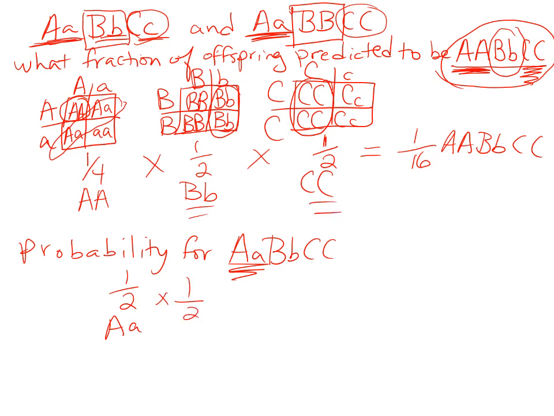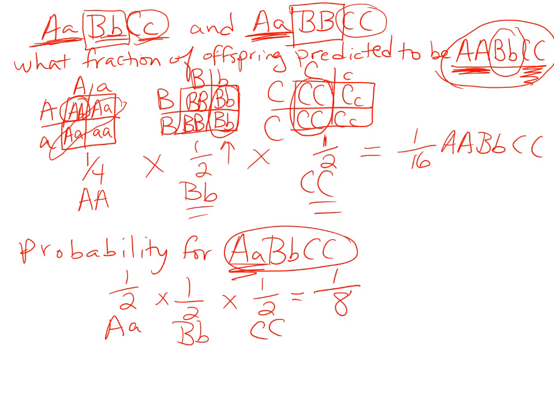Okay, 1/2 of the second Punnett square is heterozygous for B. 1/2 of our third Punnett square is homozygous dominant. So now the probability for this genotype would be 1/8. Okay, and I'll write out that genotype as well.